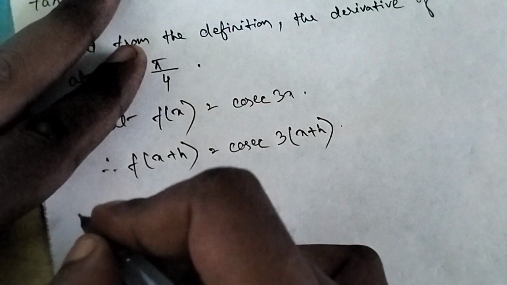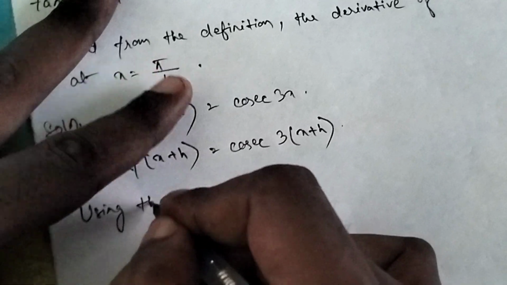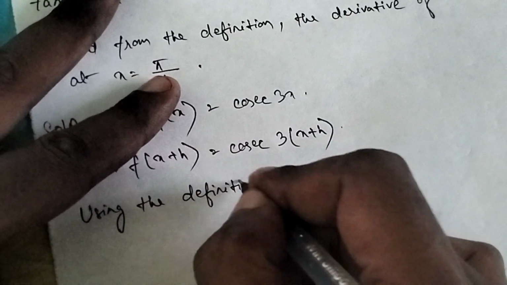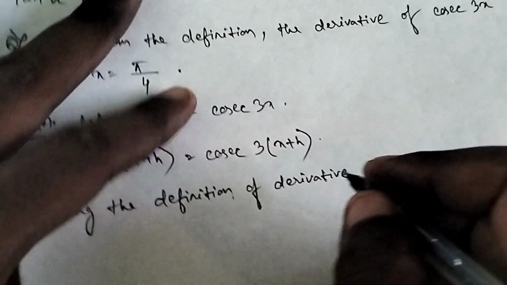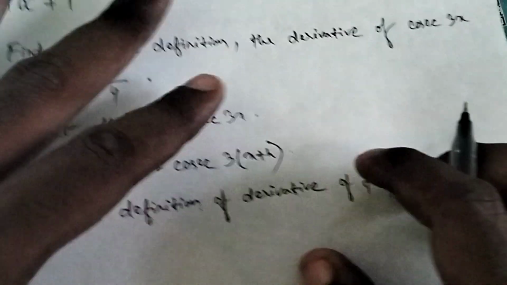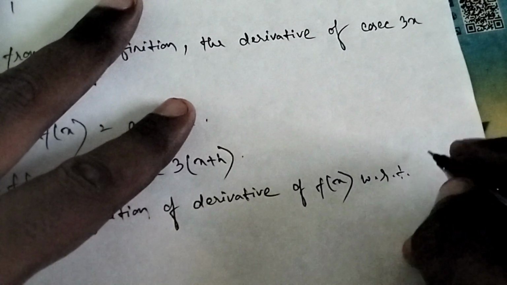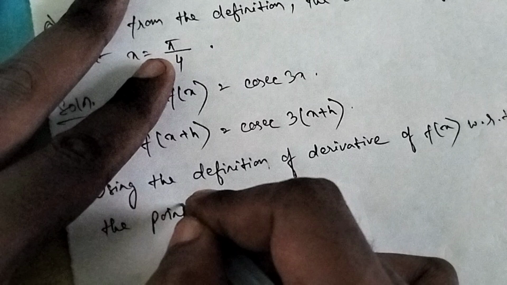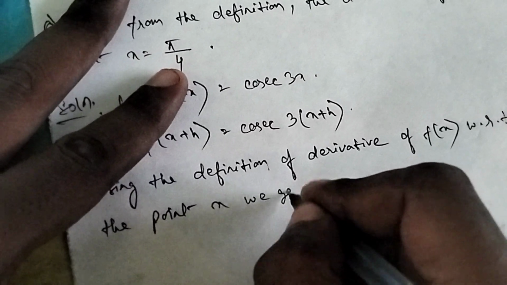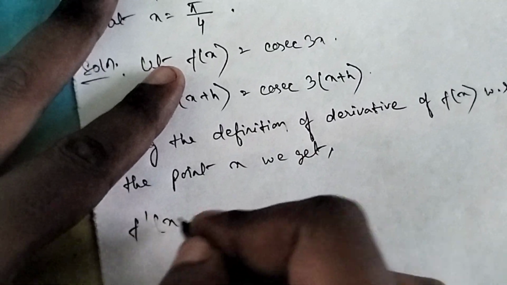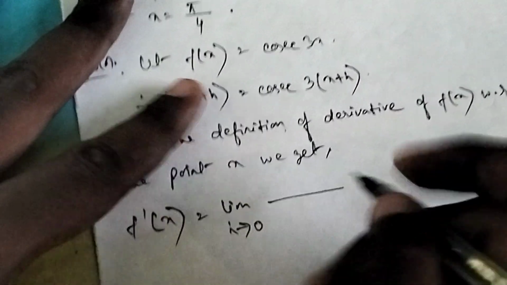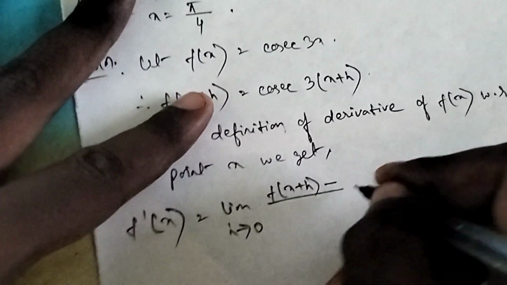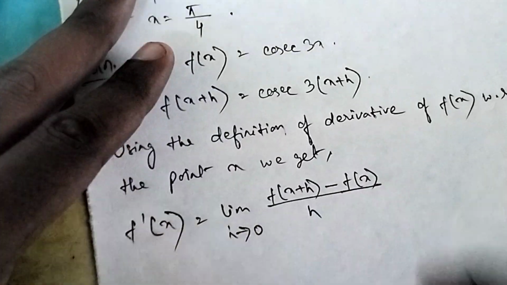Now using the definition of derivative of f(x) with respect to x at the point x, we get f dash x is equal to limit h tends to 0 of [f(x plus h) minus f(x)] by h.